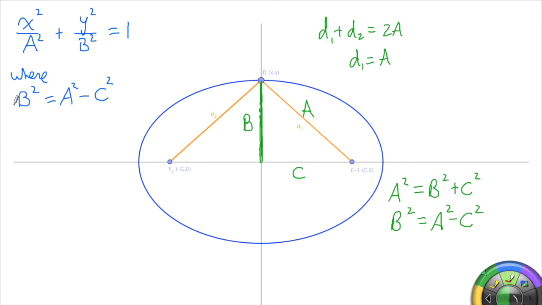So when I talk about this b, I'm actually talking about half of the minor axis. So a is half of the major axis, b is half of the minor axis. The minor axis would be b up and b down. The major axis would be a to the left and a to the right.